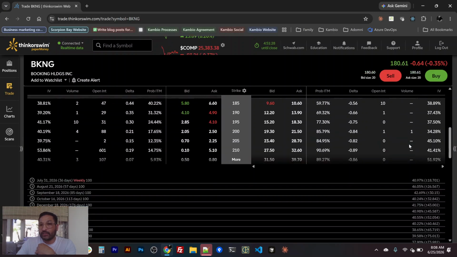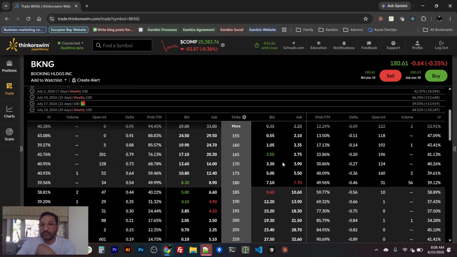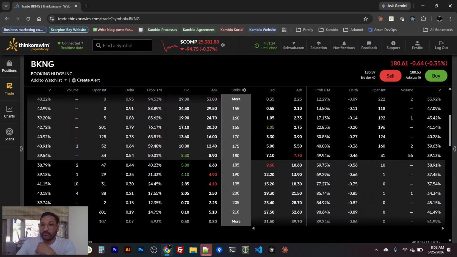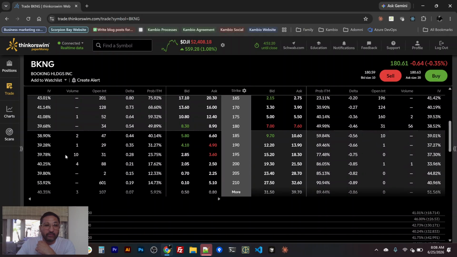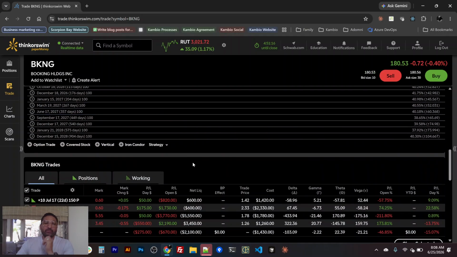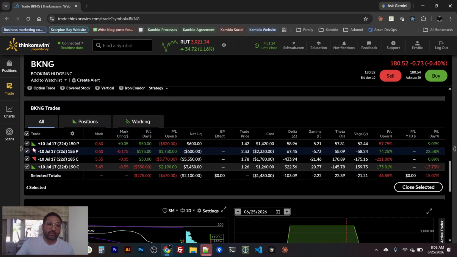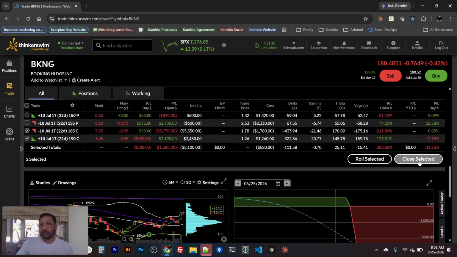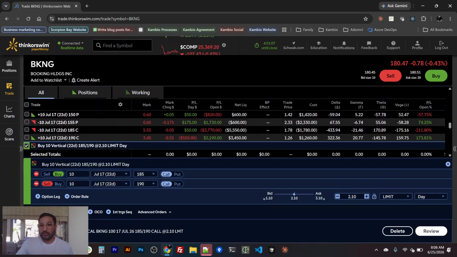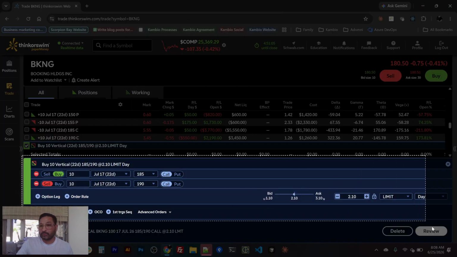There's not even liquidity at all. So it doesn't even make any sense. Let's see, we're 95. Yeah, not even close. So what we're going to do is just close this call side, the 185. If we close it right now, that's what we're going to get, which is probably not great.